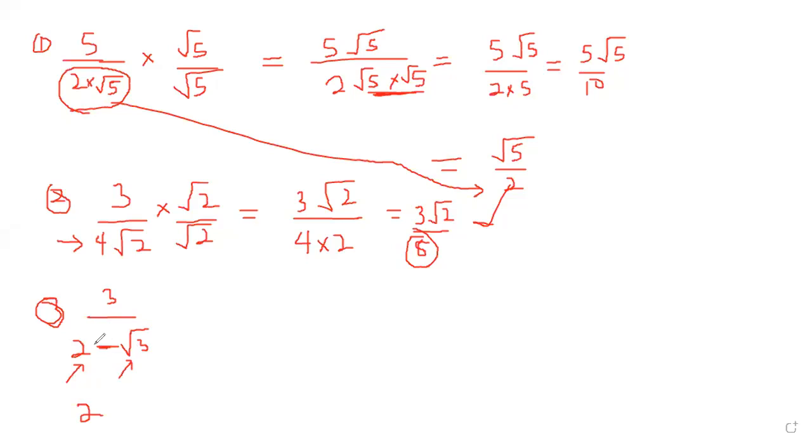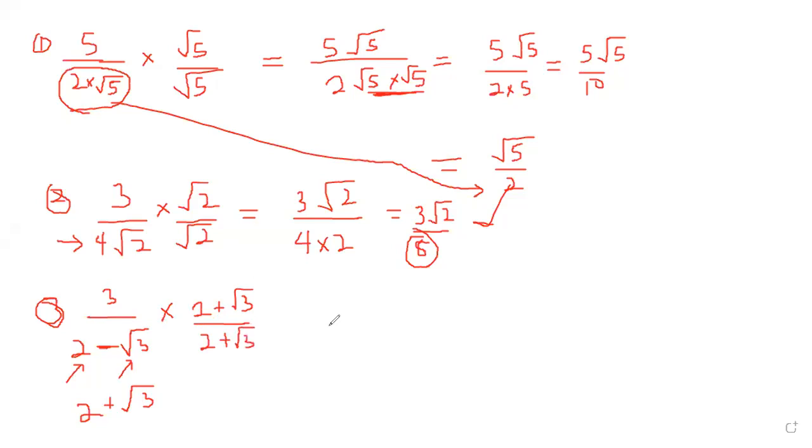So instead of subtraction, use addition. That will be addition of root 3. So let's do that. We're going to multiply through by the conjugate, which will be 2 plus root 3 over 2 plus root 3.